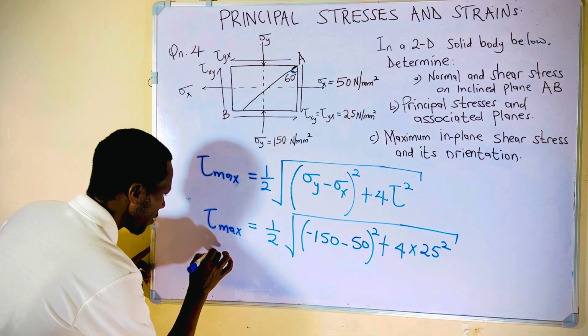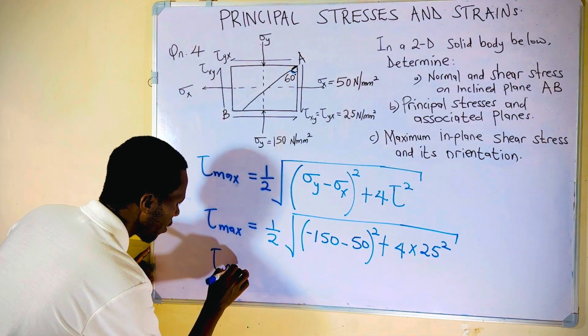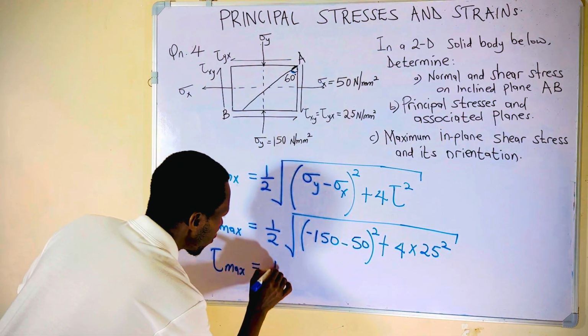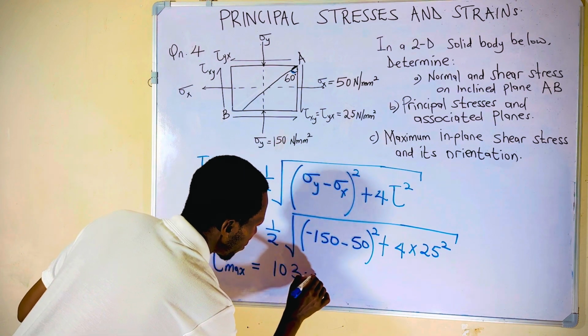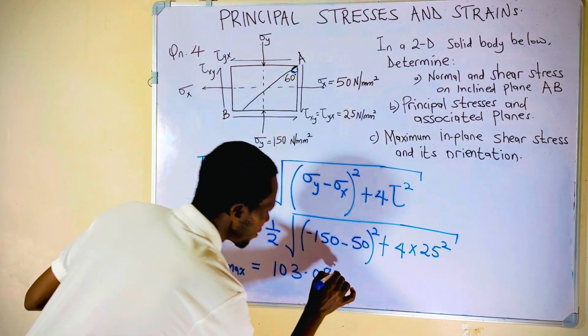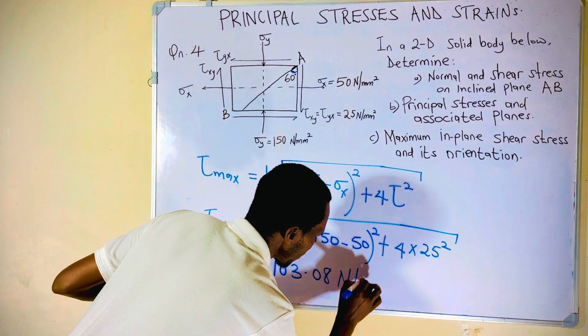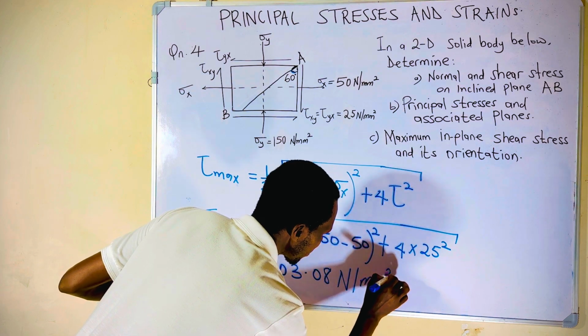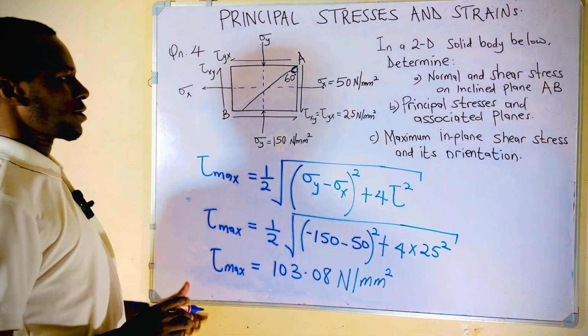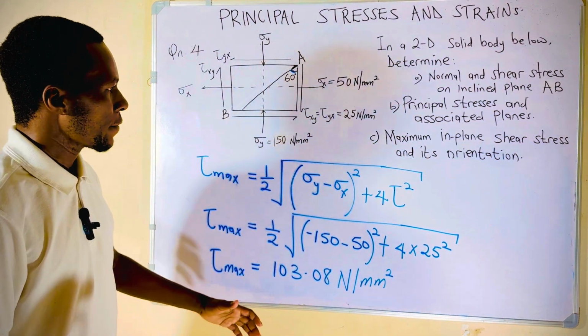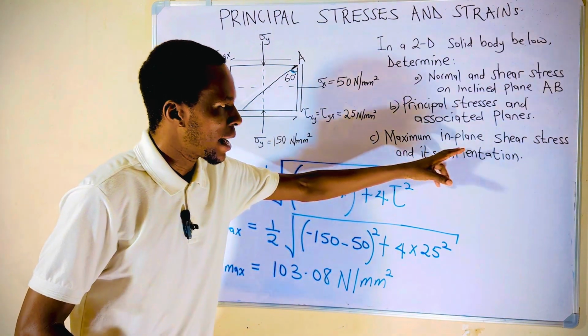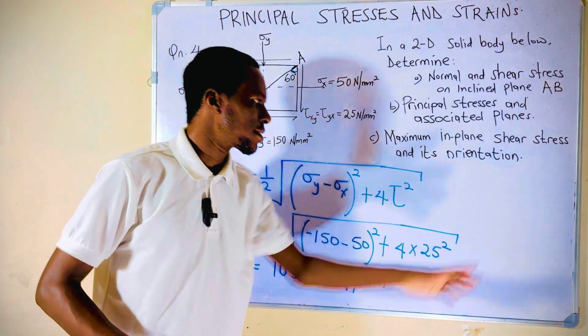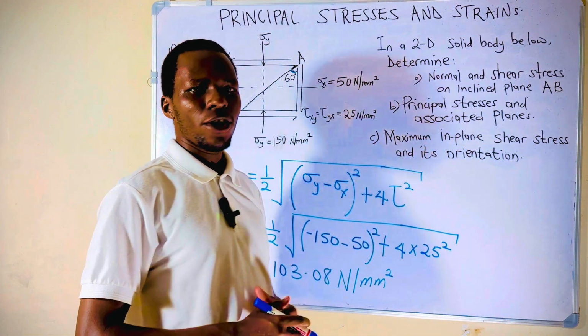Now you got to feed this in your calculator and find the value, which is 103.08. This is Newton per millimeter square. Need to write correct units. Fine. We are done with getting the maximum in-plane shear stress. We now need its orientation.